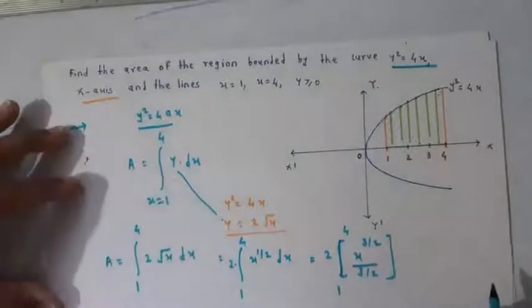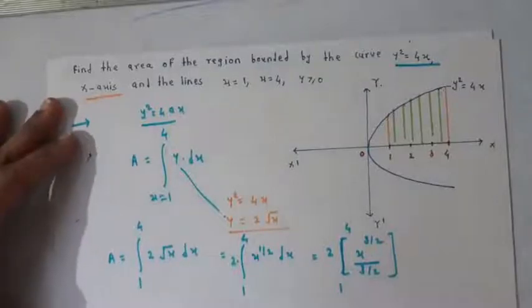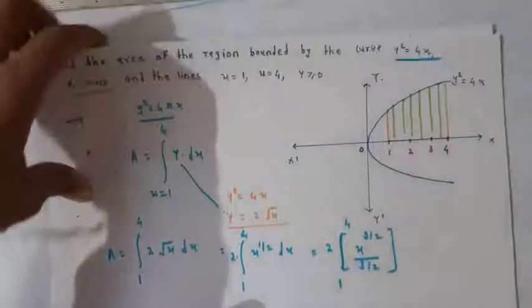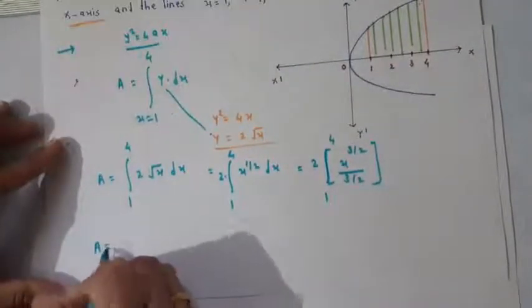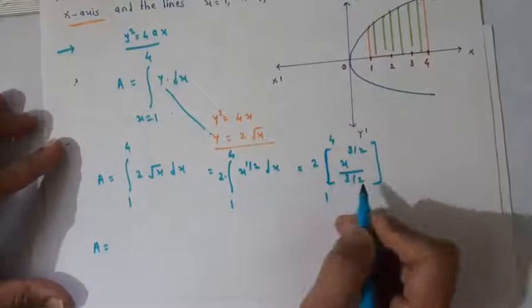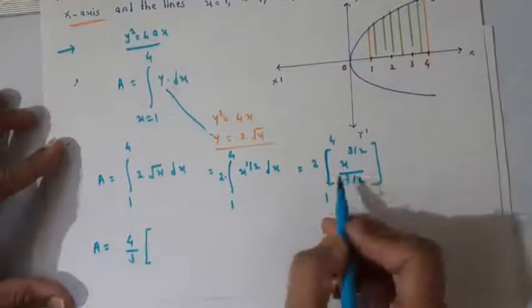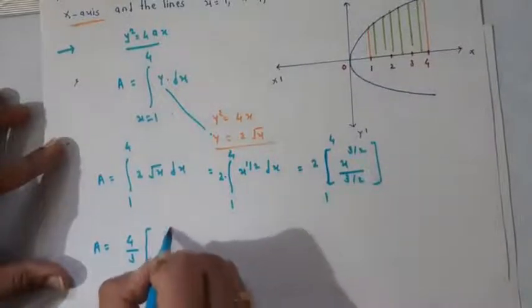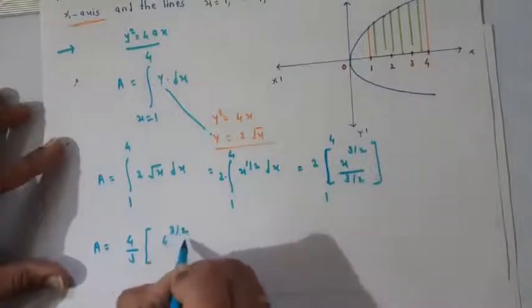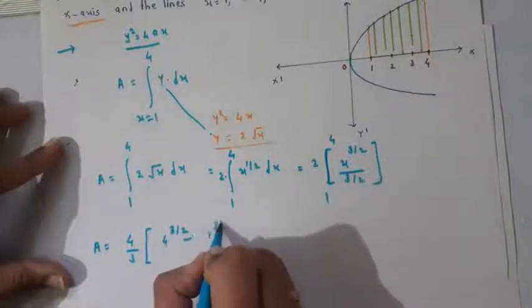Now put the values. Area equals 2 into 2 upon 3 by 2, which means 4 by 3, limits of integration, put the value of x: 4 raised to 3 by 2 minus 1 raised to 3 by 2.